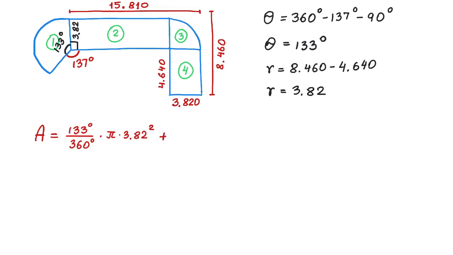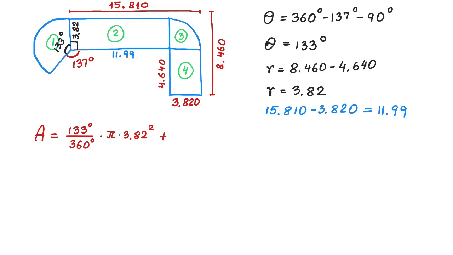One side is 3.82, but the other side we will get by subtracting 15.810 and 3.820. The result is 11.99. I will add this to the figure. So this side will be 11.99. Now let's continue with the area.